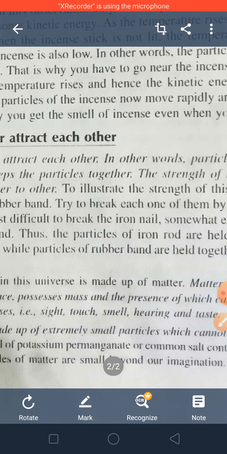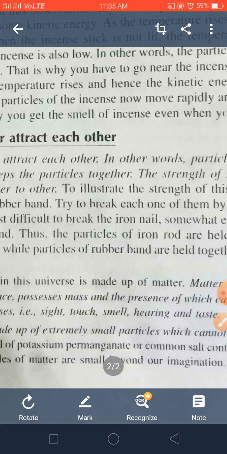For example, in our previous demonstration in my online lecture, we have seen that a crystal of potassium permanganate can color a series of water cylinders. This indicates that a single crystal of potassium permanganate, or say a single crystal of sodium chloride, contains millions and billions of matter particles.